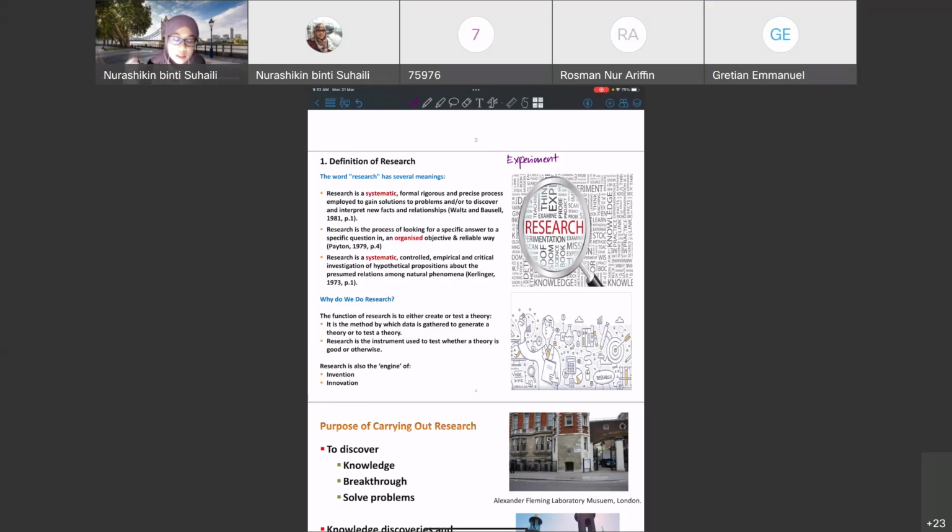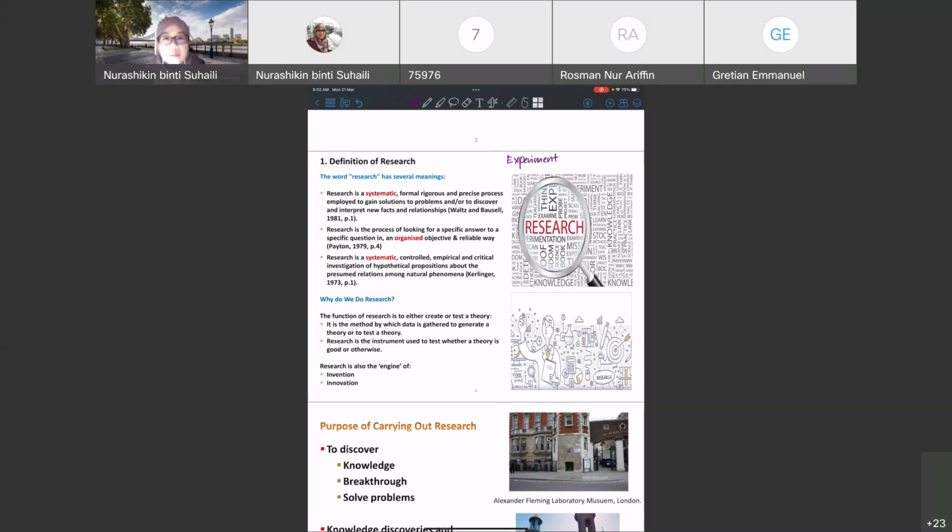Okay, you can give your opinion about what is experiment and what is the difference between research and experiment. Experiments are used to prove the research we are doing. Yes, correct. Thank you, Irfan. Thank you, Aiman.